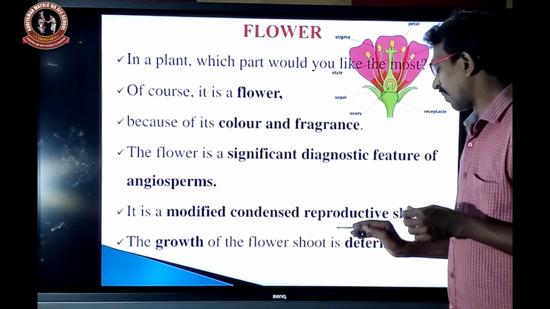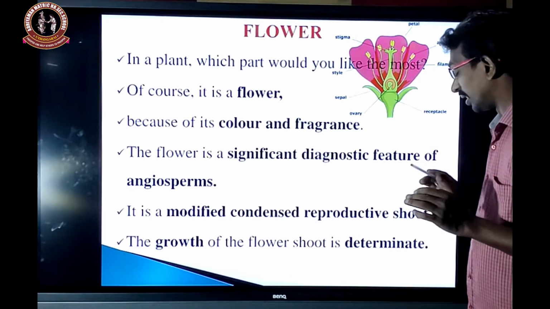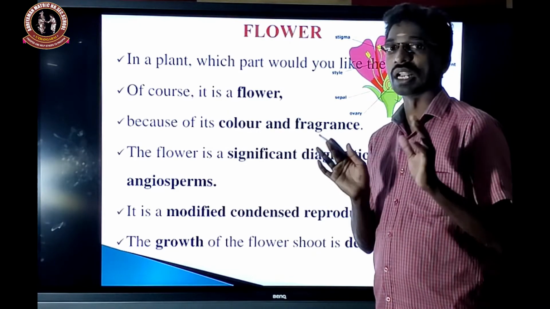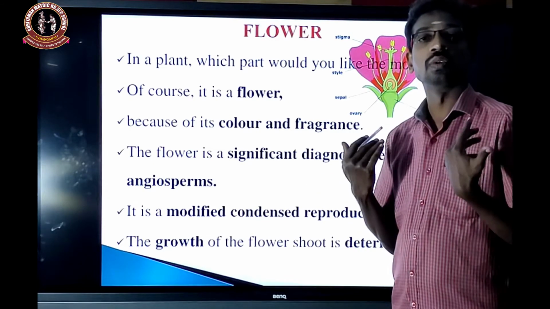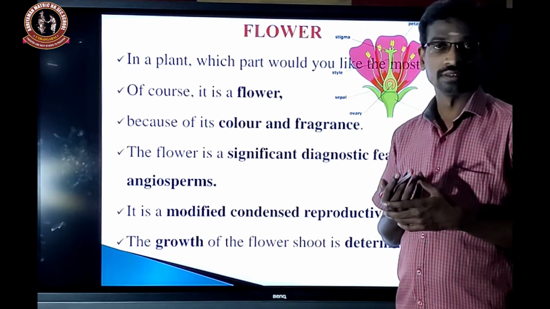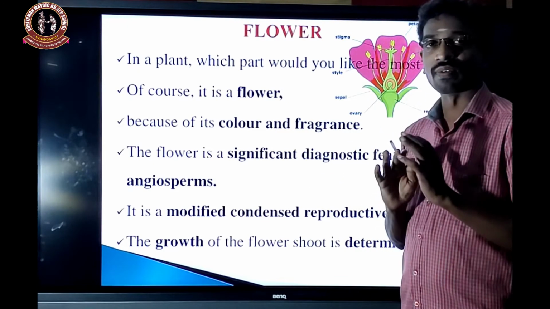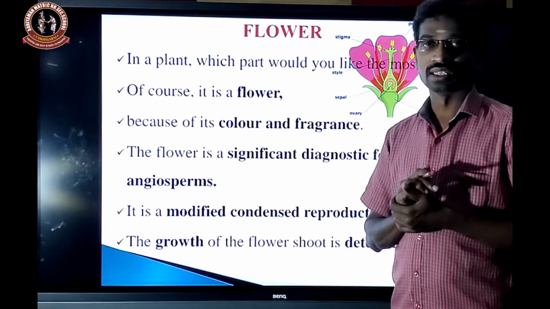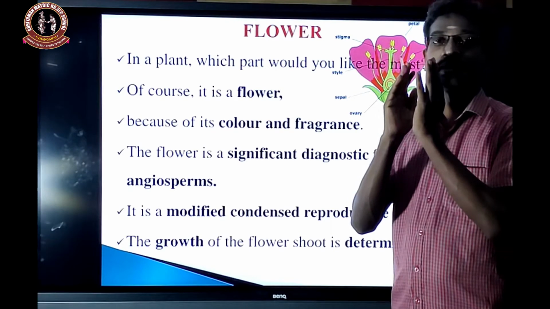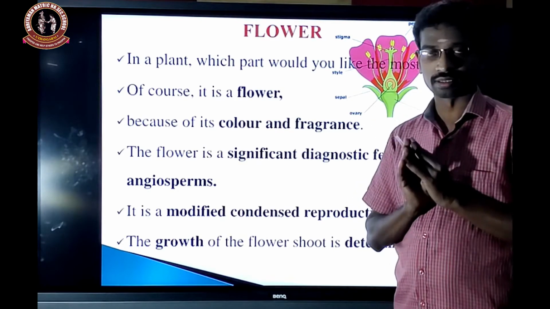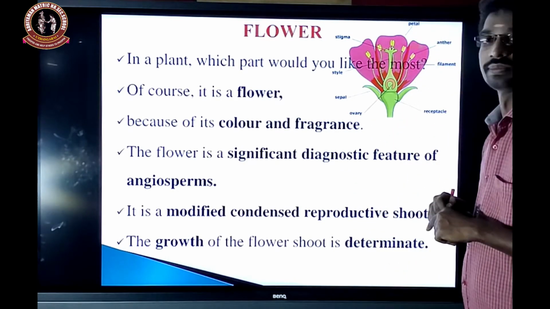The growth of the flower shoot is determinate. It's not like a stem and a root. The stem and root are indeterminate, but the flower is determinate. Determinate means it grows only for a certain time. After that the growth will be arrested. So that is determinate.